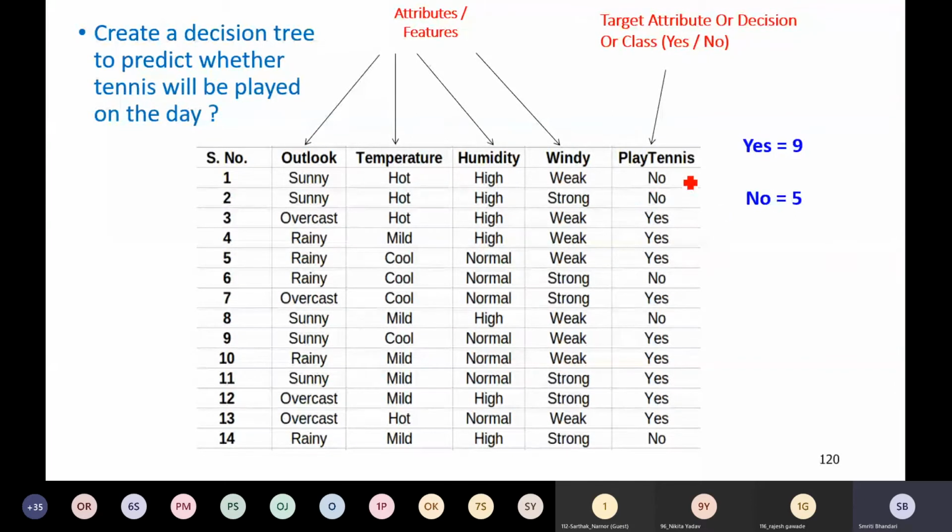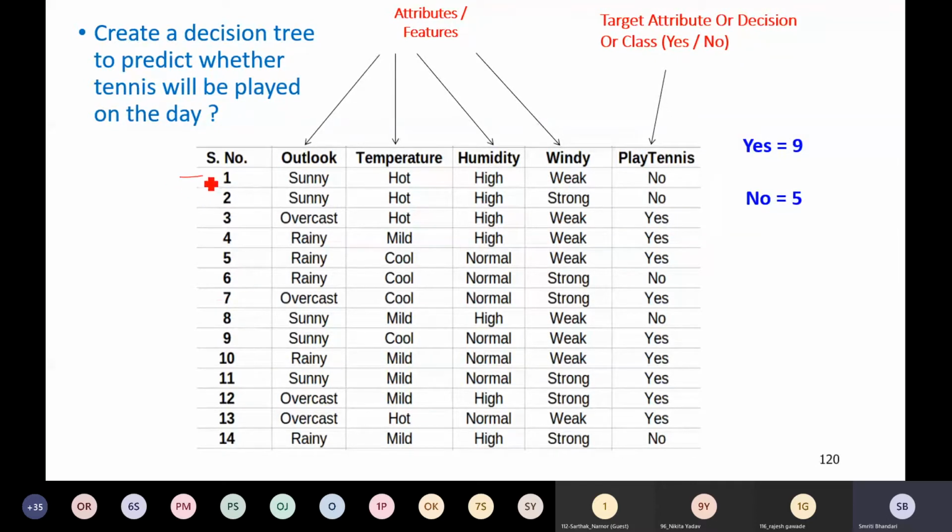The class labels that we have are yes and no. Play tennis is the dependent attribute, the target attribute, and these 4 are the attributes that we have. In this data set we have these 14 samples.